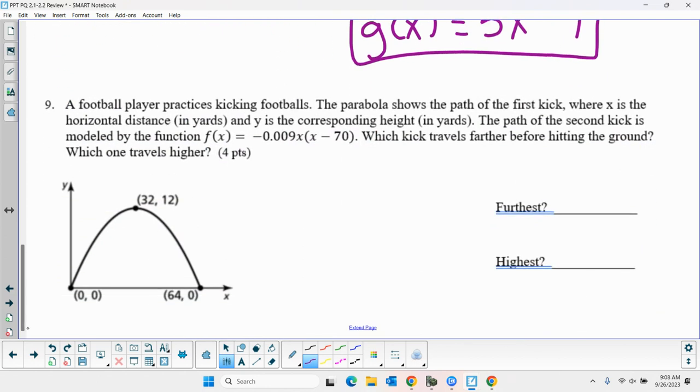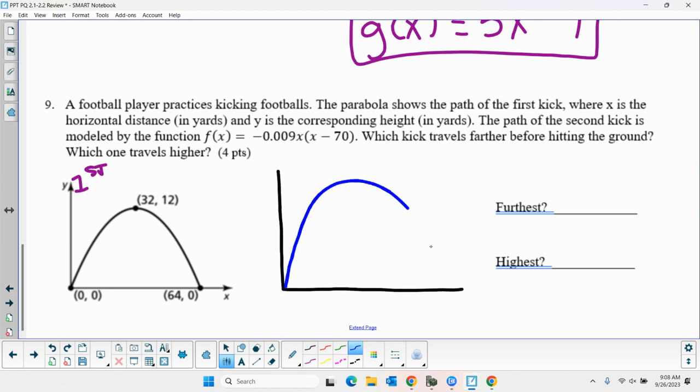All right, the last one. Kicking footballs here. The first kick is this one. We have to draw the second one. It's going to start, he kicks or she kicks from there.